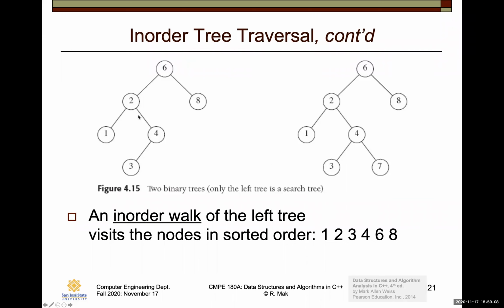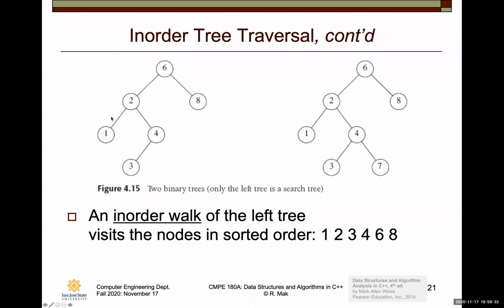Now visit the right recursively. We're at the 4, we visit the left child first, so that writes out the 3. Now we visit the parent, and that writes out the 4. We're done with the left child of the root, and we then visit the root itself, which is 6, and then we visit the right child, which is 8.